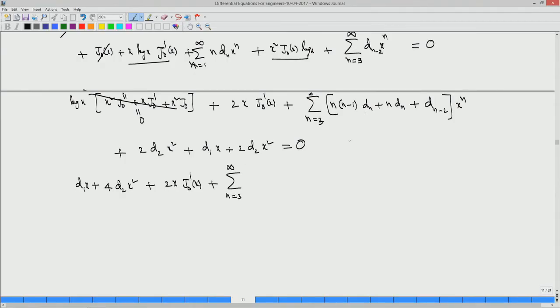Here n(n minus 1) plus n is simply n squared d_n, plus d_(n-2), into x^n equal to 0.